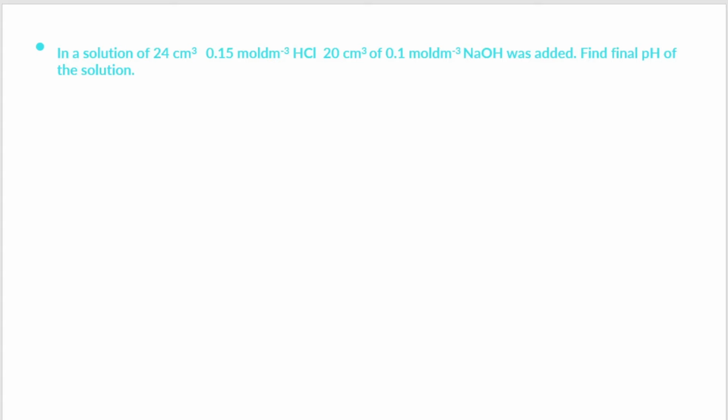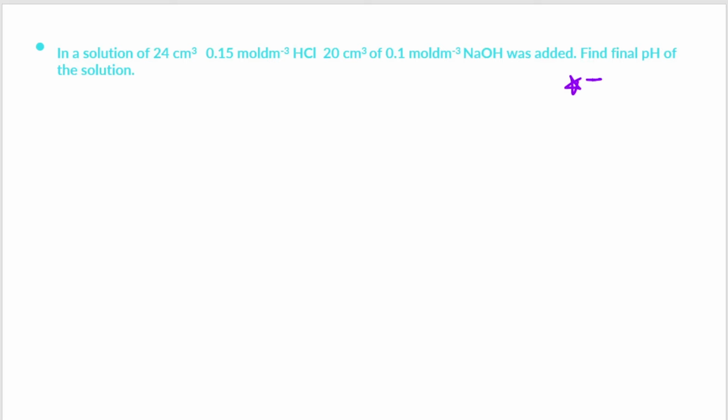In this question, we have been asked again to find the final pH of a resulting solution due to the addition of two different solutions together. But this is a question where we will be considering different types of concepts.